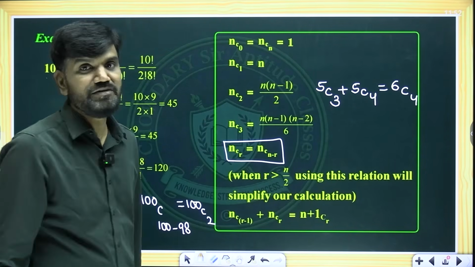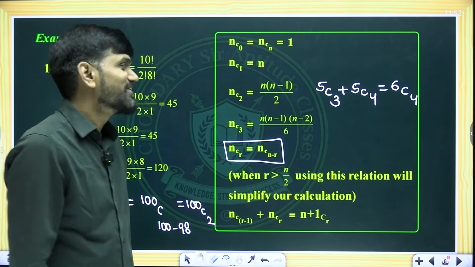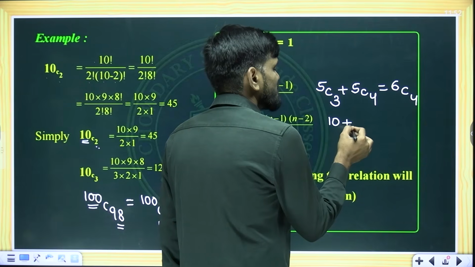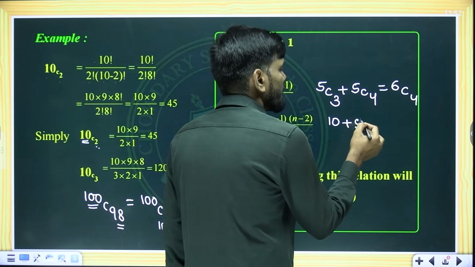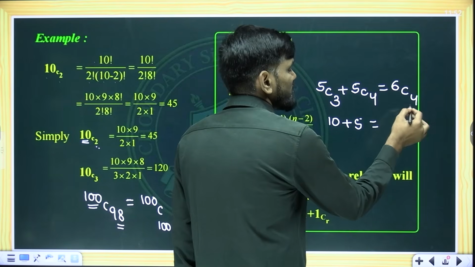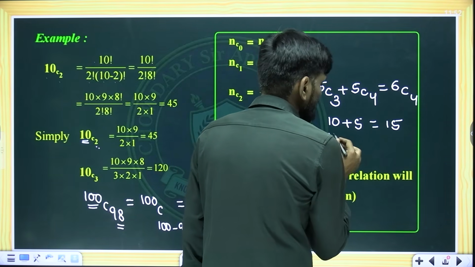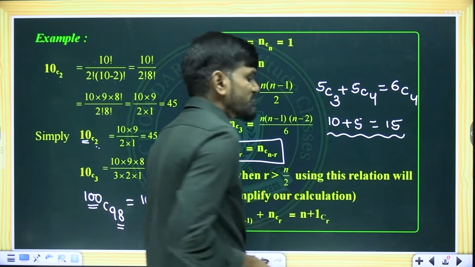If you have a doubt, you can check it now. So here 5C3 is nothing but 10, plus 5C4 is nothing but 5. 6C4 is nothing but 6C2, and 6C2 is nothing but 15. Is it working or not? Yes. That's what I am trying to say.